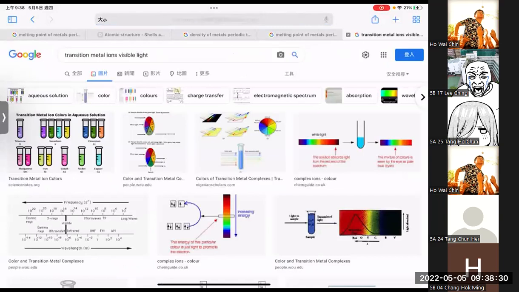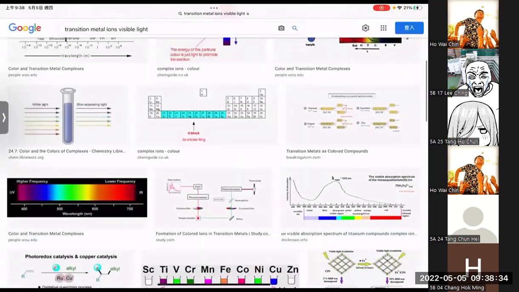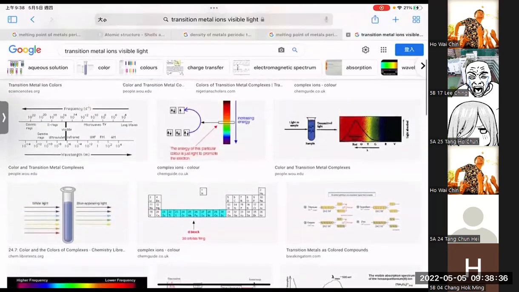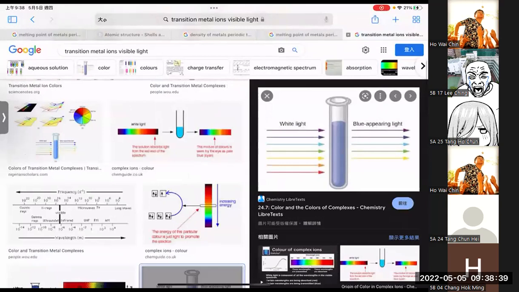So while you talk about its color, you must refer to the principle of seeing the solution as colored. Okay, so for example, if you have got a blue solution, it would absorb its complementary color, according to our concept of colorimetry. Just remember, sunlight is a continuous spectrum of visible light.